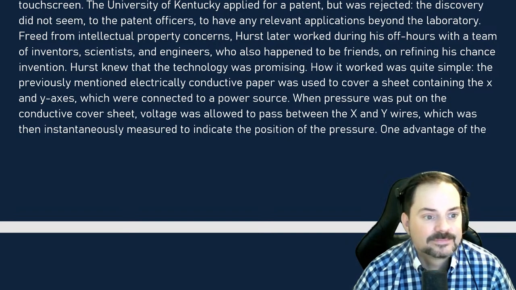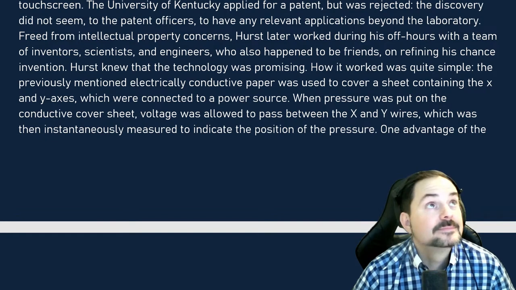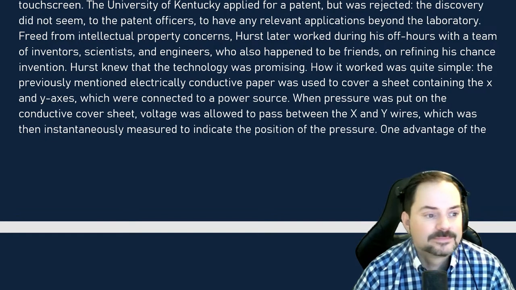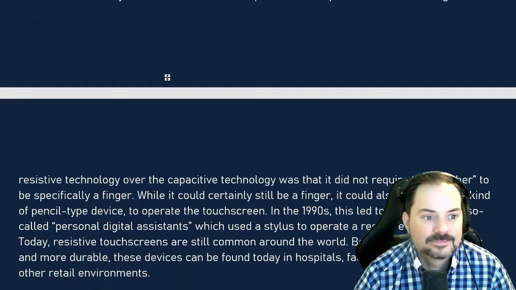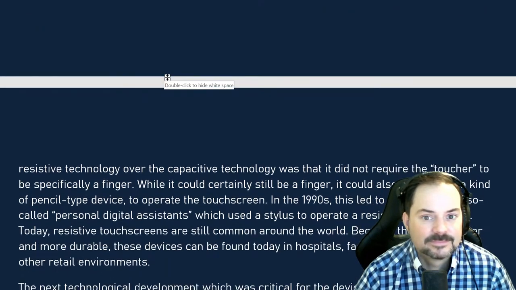The previously mentioned electrically conductive paper was used to cover a sheet containing the X and Y axes, which were connected to a power source. When pressure was put on the conductive cover sheet, voltage was allowed to pass between the X and Y wires, which was instantaneously measured to indicate the position of the pressure.